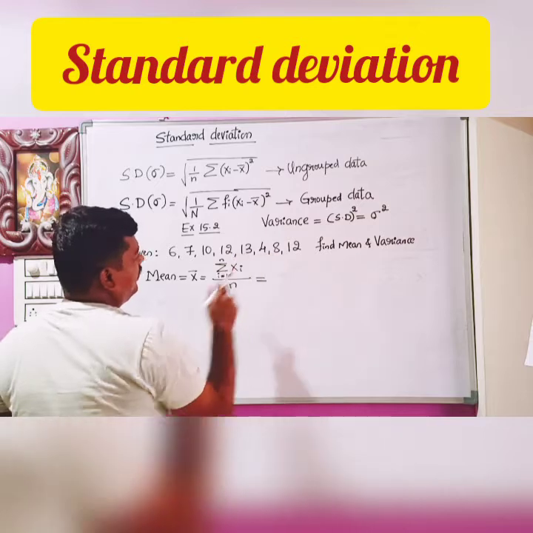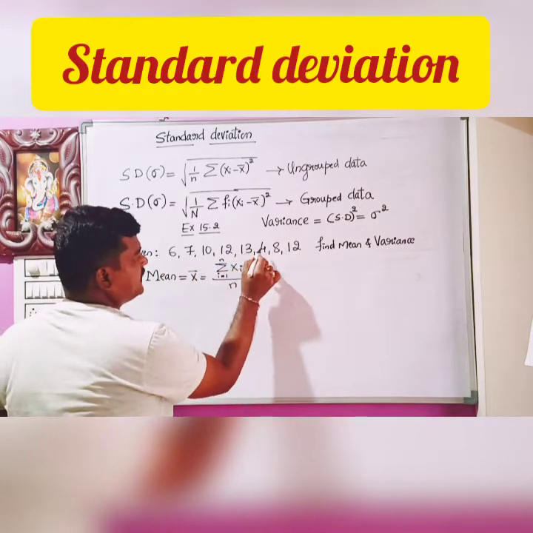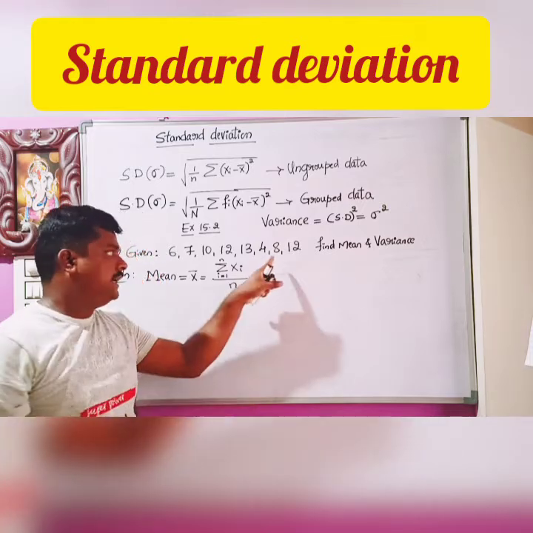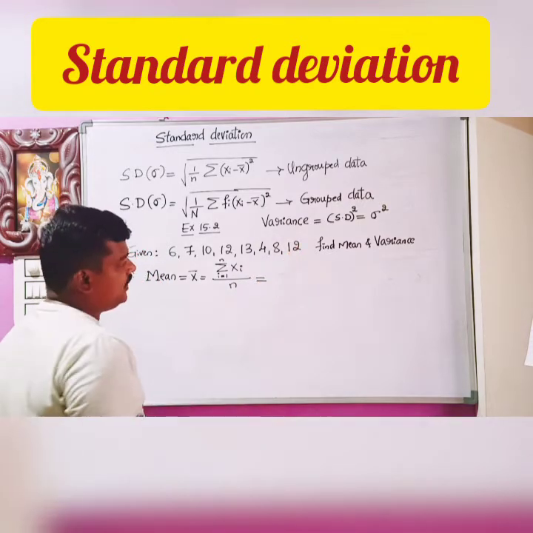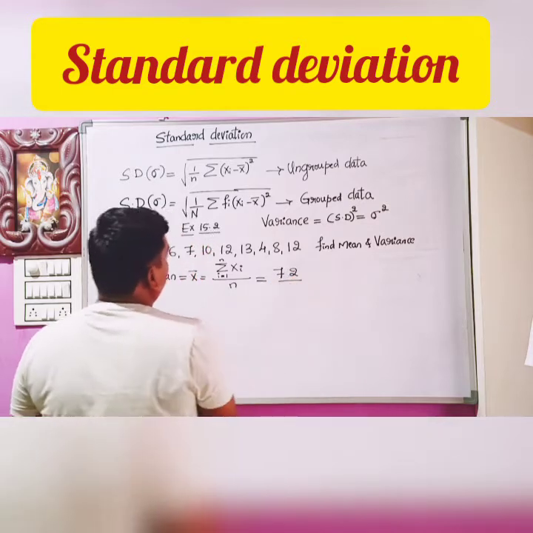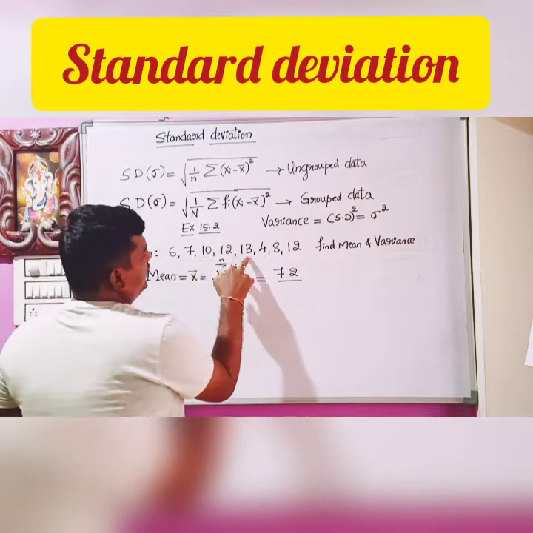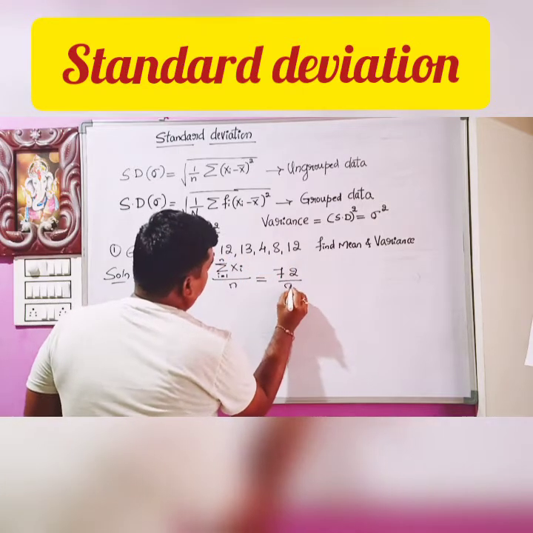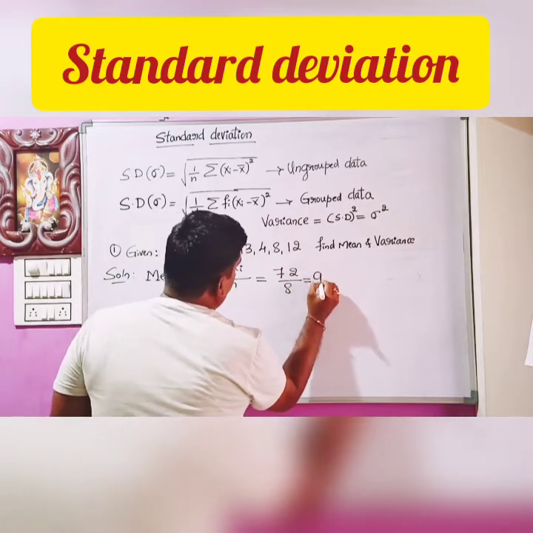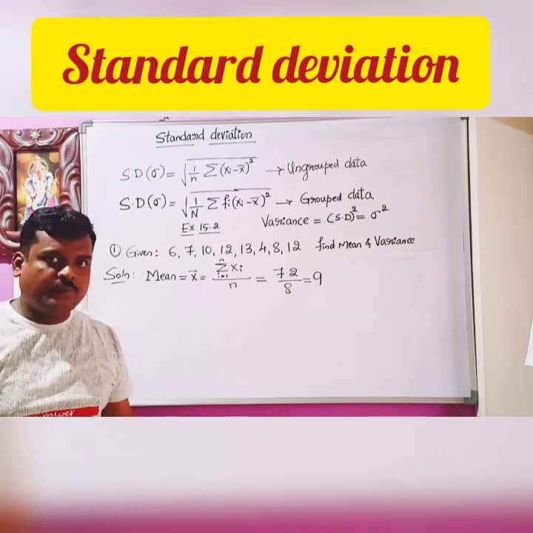If you add these observations, 6 plus 7 plus 10 plus 12 plus 13 plus 4 plus 8 plus 12, we get 72, divided by the number of observations, which is 8. 72 by 8 is 9. So this is the value of x bar.